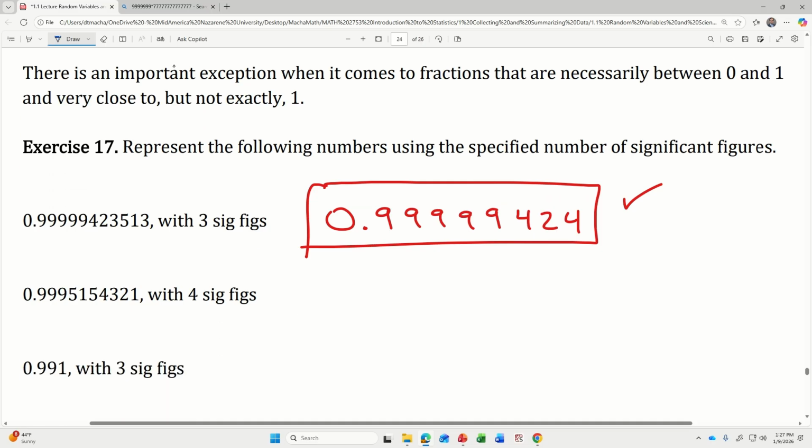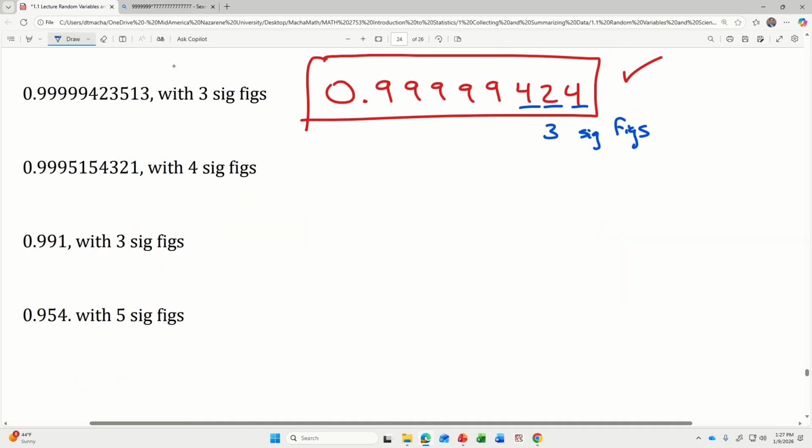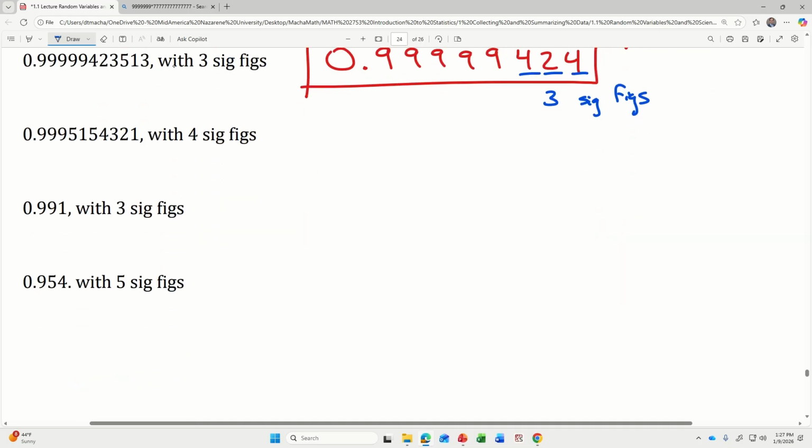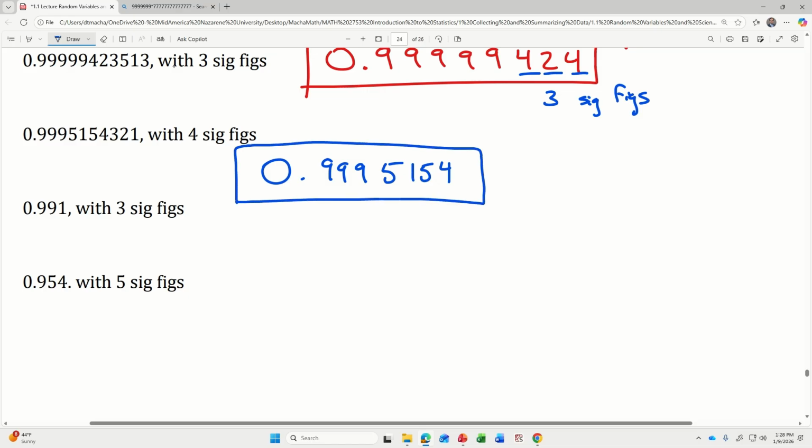No, so these 3 are 3 significant figures. The 9s are just for place value. That makes sense. So if 9s are leading, you always treat them as 0s. Yeah, so this one, 0.9995154, right? Because 5154, that's my 4 significant figures. And that one you wouldn't round up because that's a 3 out of 4.